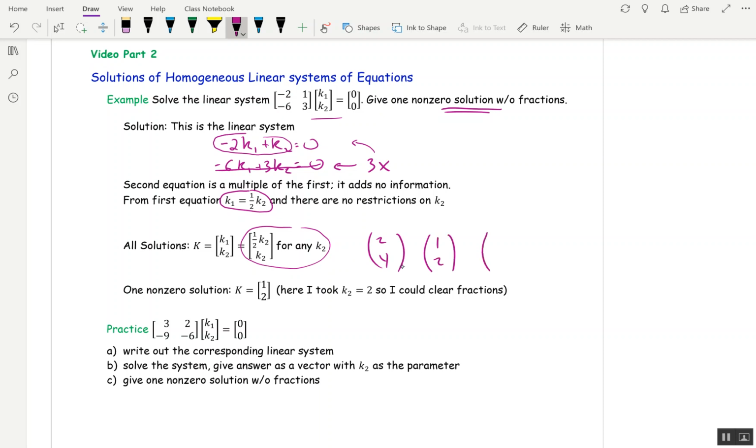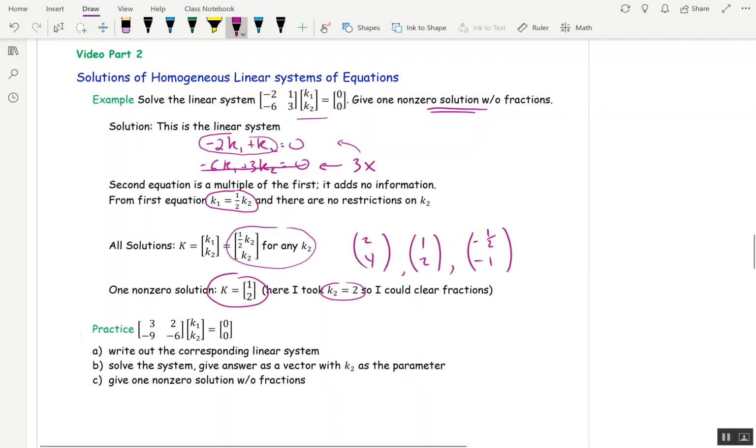You could take k2 to be negative 1, in which case you get negative 1/2, negative 1. The simplest choice, I think, is taking k2 to be 2, and we get this vector here.